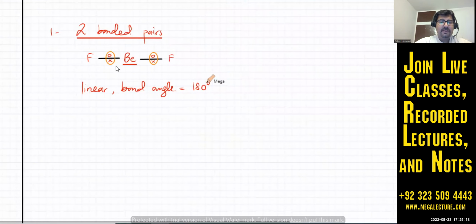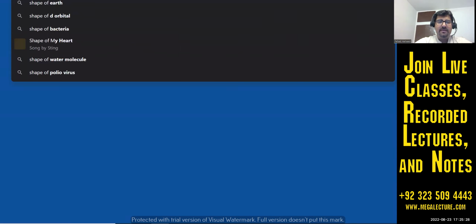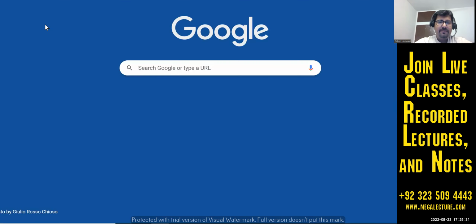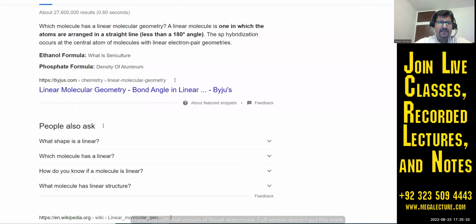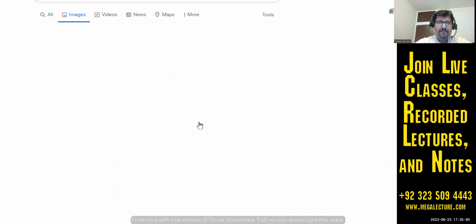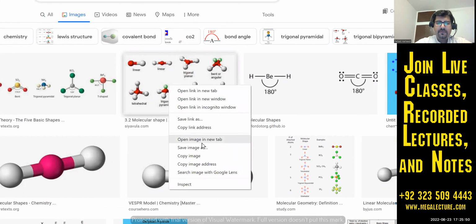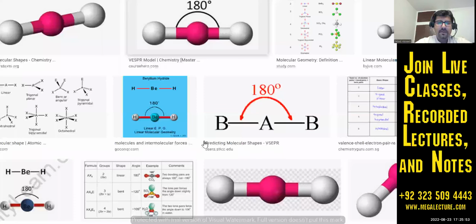That's going to be the shape of the molecule. I'll show you the shape, the models.